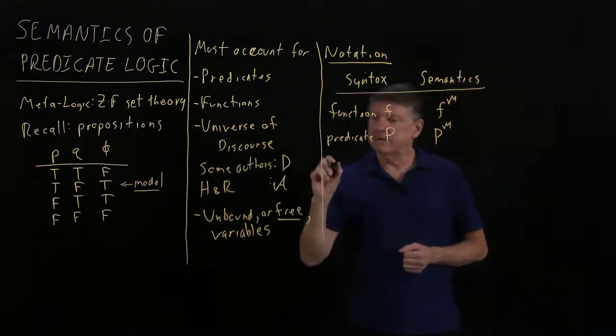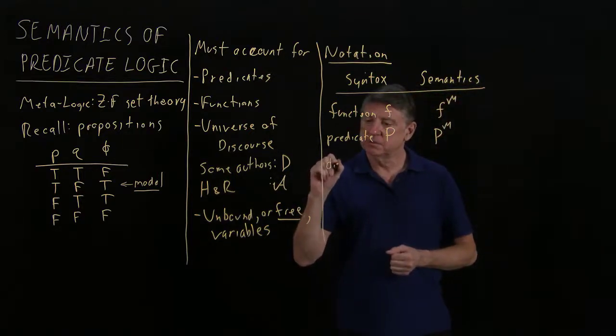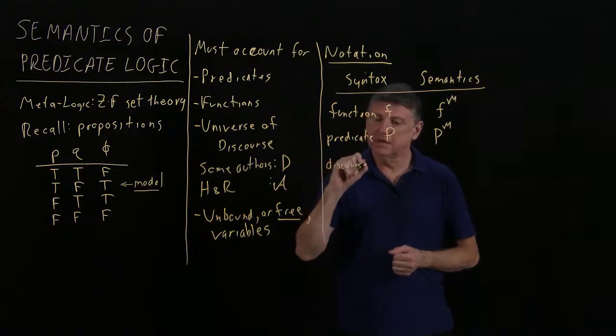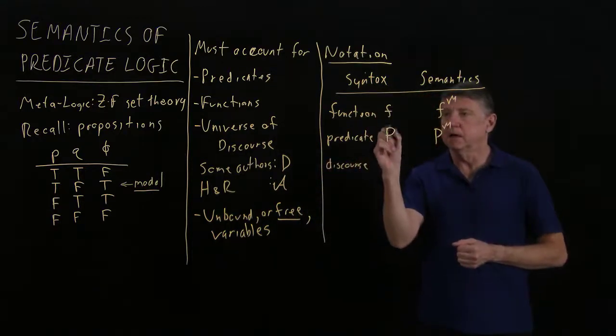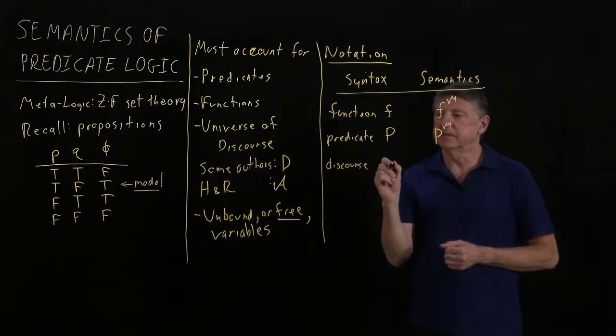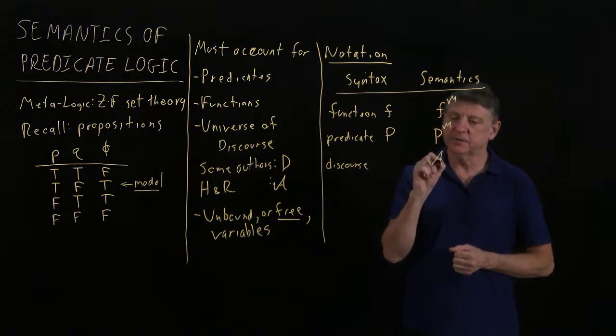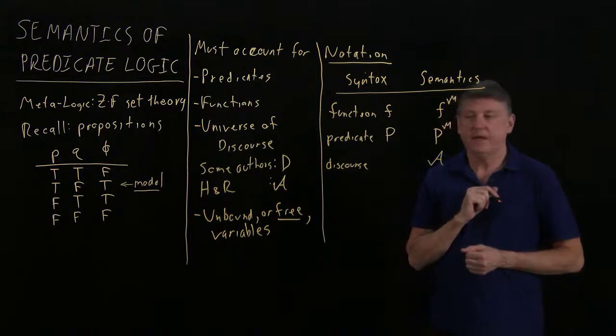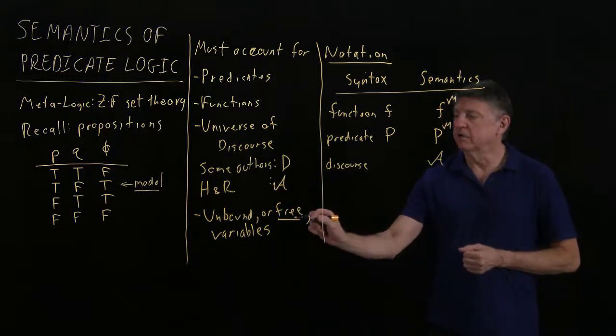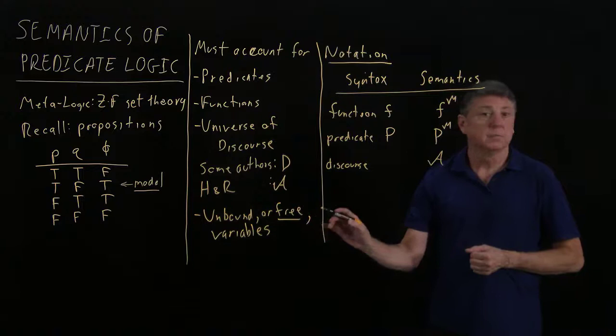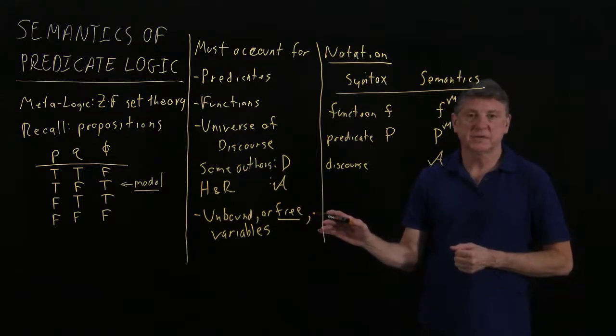We'll have our discourse, and this will not be syntactic. This is a purely semantic notion, and that will be A. And we'll get to the matter of unbound variables much later in a subsequent session.